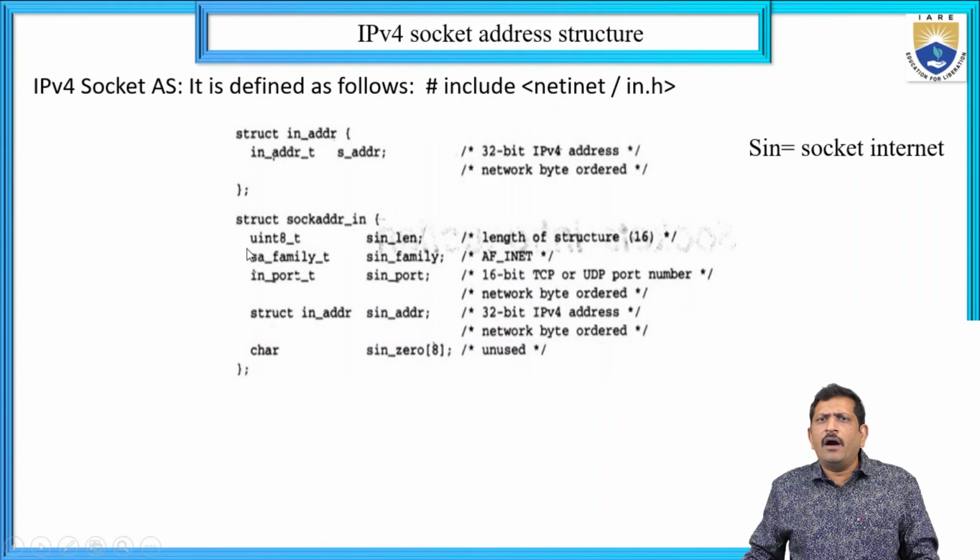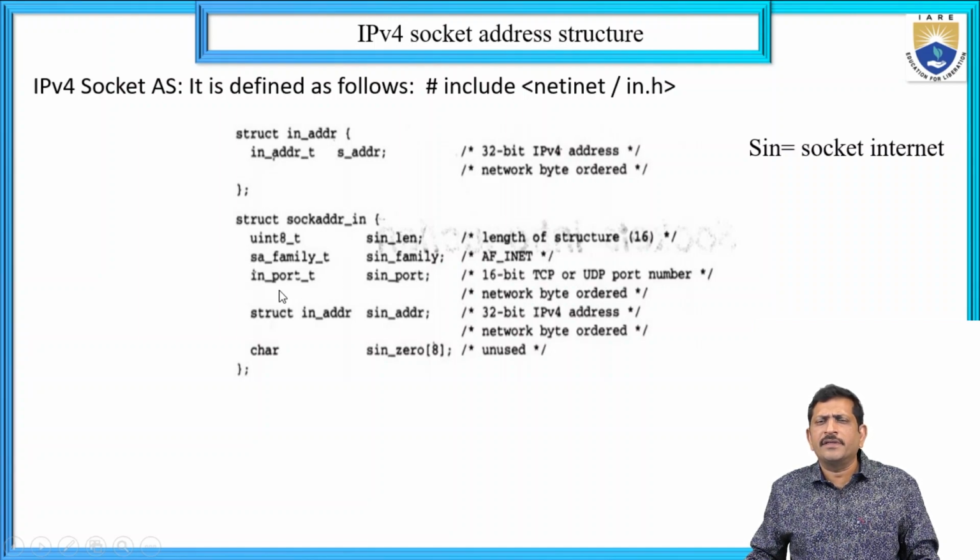uint8_t, unsigned 8-bit integer, is sin_len. SIN means socket internet, and this is the length of the structure, which is 16-bit here. sa_family_t is sin_family, the socket internet family, which means AF, the address family internet.